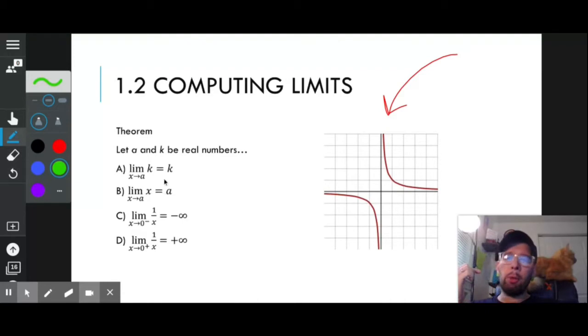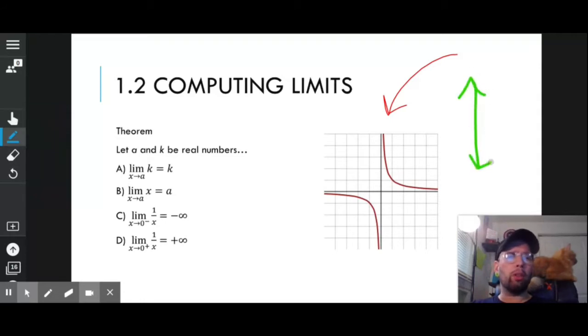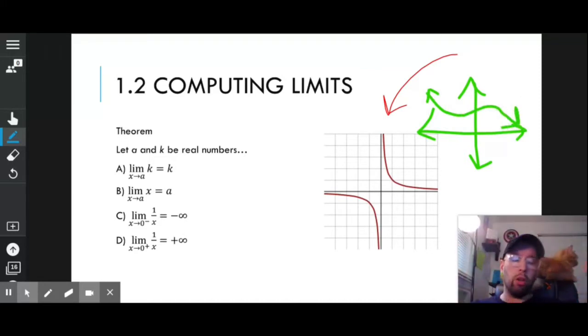So this, probably being the most important one, says that if I don't have to worry about things exploding, and this is A and B, if I just have a regular line, or just a regular curve, with no crazy points of discontinuity, no asymptotes, no explosions, all I have to do is if I plug in a point, just plug it in. That's nice. However, that's if it is x.